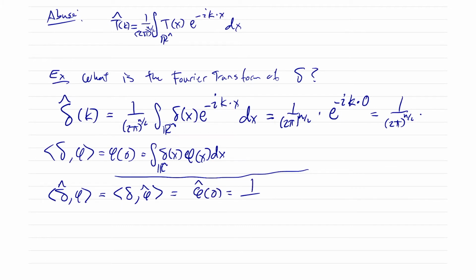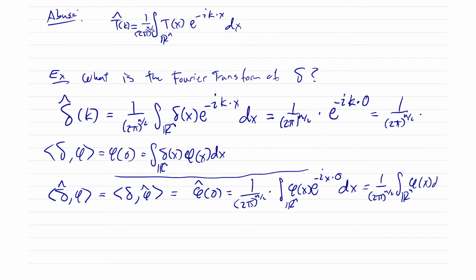Written out, this is 1 over 2 pi to the n over 2 times the integral over Rn of phi of x times e to the minus i x dot 0 dx. And that's going to leave us 1 over 2 pi to the n over 2 times the integral over Rn of phi of x dx. We want to express this as a tempered distribution, so we can write this as 1 over 2 pi to the n over 2 times 1 times phi, where 1 is the regular distribution like this.